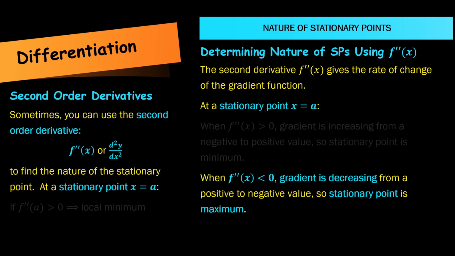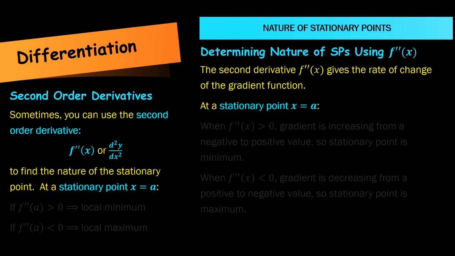So the stationary point is a maximum. And therefore, if f double dash of a is less than 0, then we have a local maximum. Now, if f double dash of a equals 0, then we actually can't say anything, and we need to use the other method.